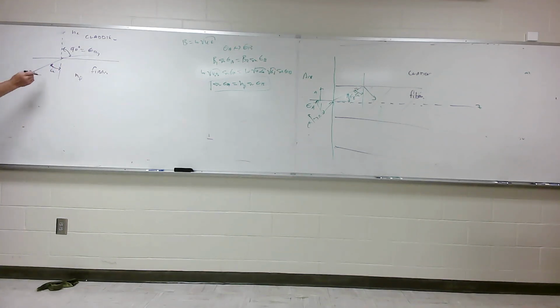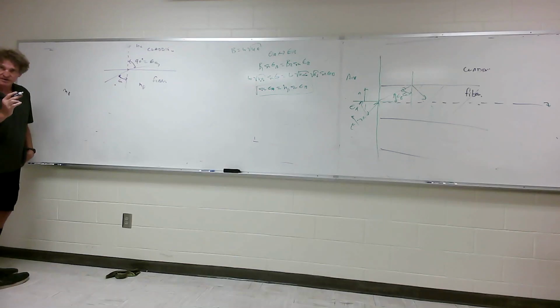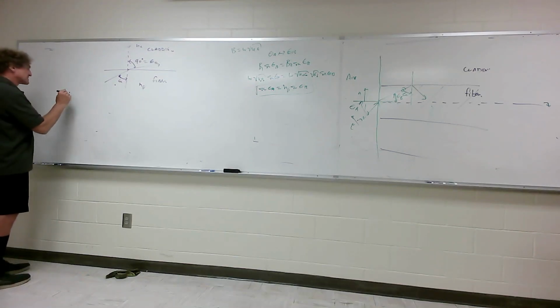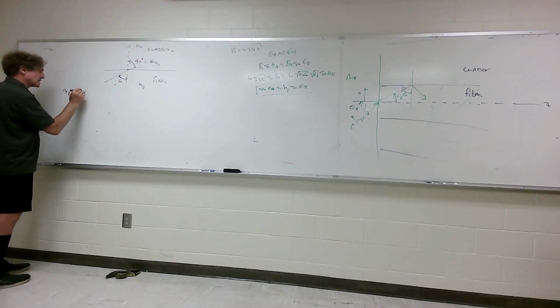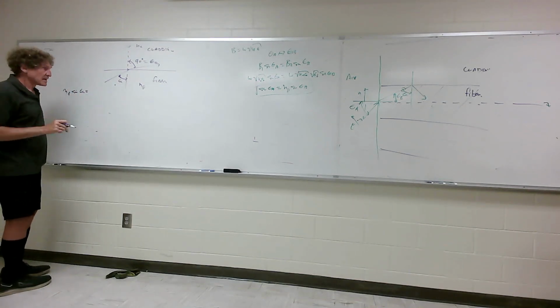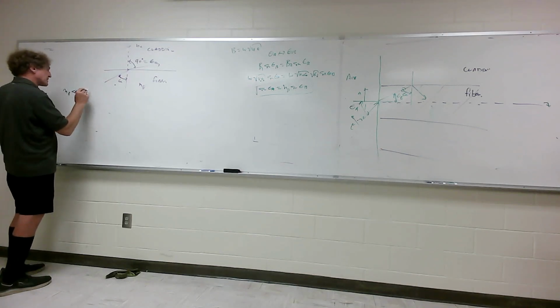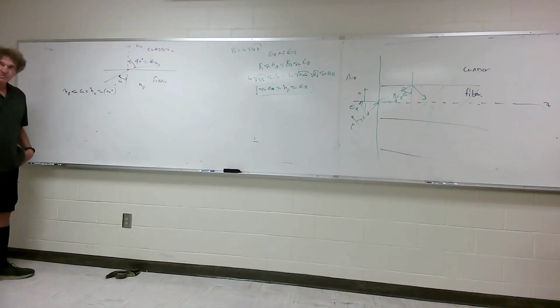So Snell's law for this one: the index of refraction, square root of epsilon of the fiber, pardon me, of the fiber, times the sine of that angle, which is theta C, has got to be equal to the index of refraction of the cladding times the sine of 90 degrees. That's the point. You with me?